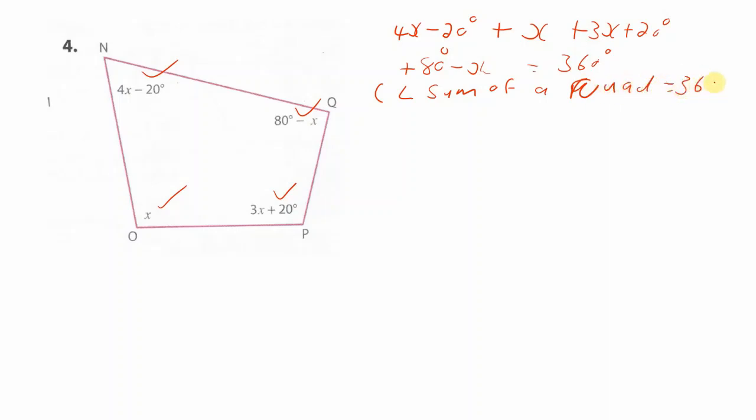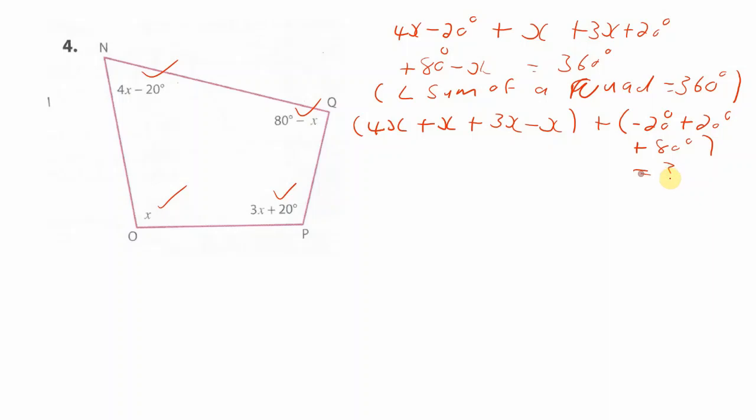So now we can group the like terms together. We have 4x plus x plus 3x minus x, plus the numbers grouped together: negative 20 plus 20 degrees plus 80 degrees.